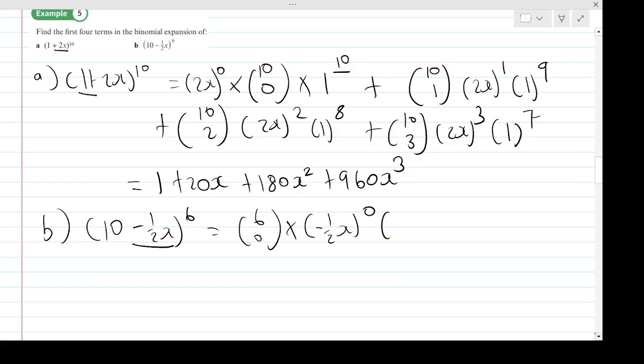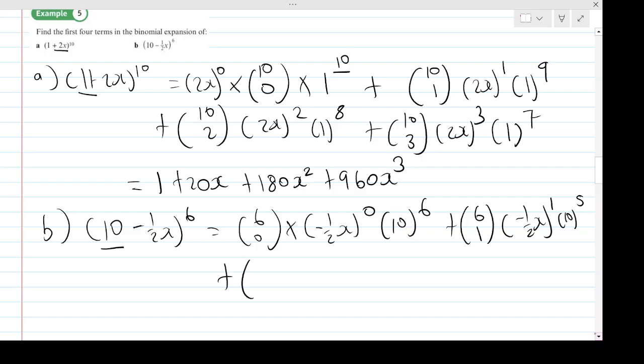Then we have the corresponding term, 10, and that would be to the power 6 to match the 6 there. And there we are, so then the next term would be 6 choose 1, then the minus a half x term would be a power 1, then the 10 would be a power 5 overall, to add up to the 6.